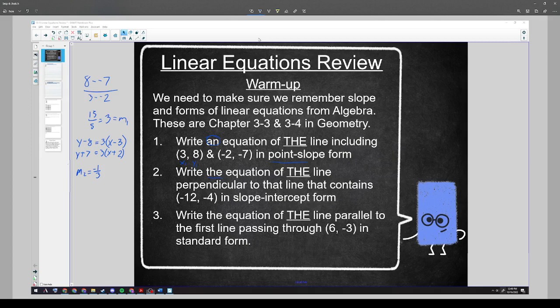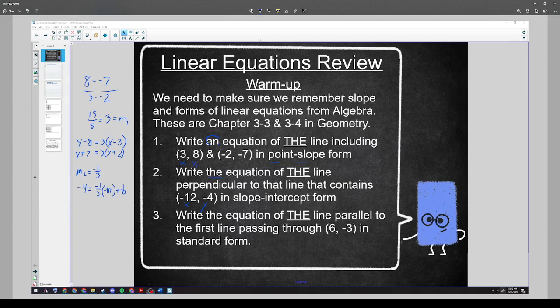To do that, we plug in this x, this y, and this slope to slope-intercept form. So we would get -4 equals m times x, that's -12, plus b. And that allows us to solve for the missing y-intercept.